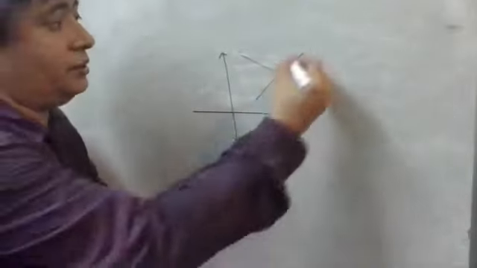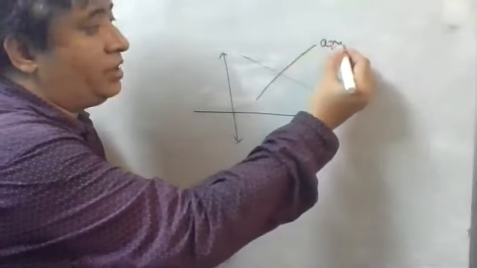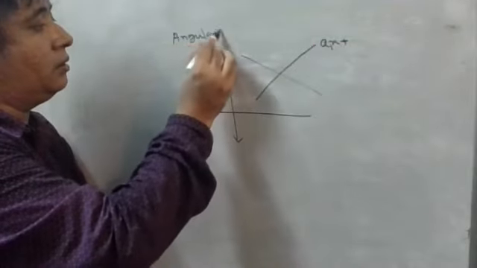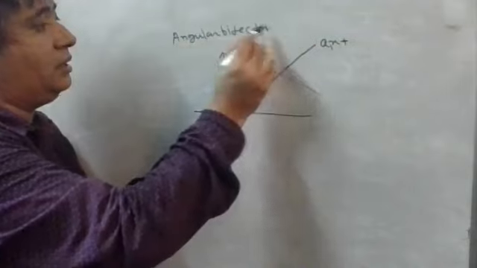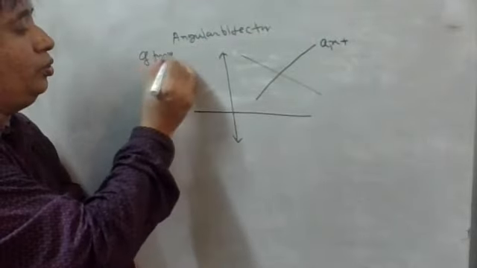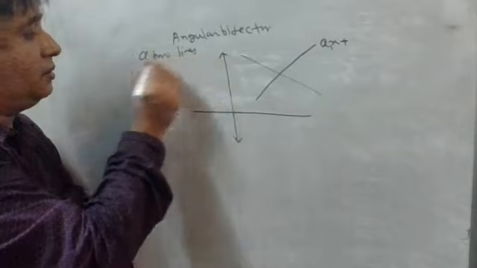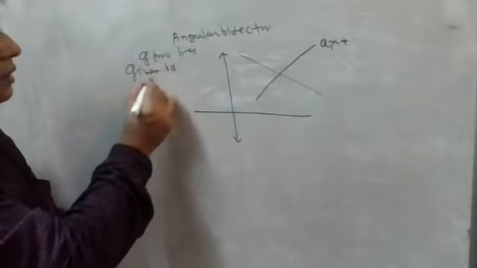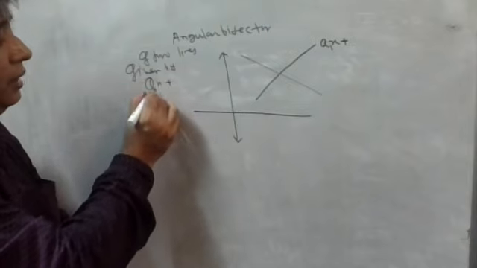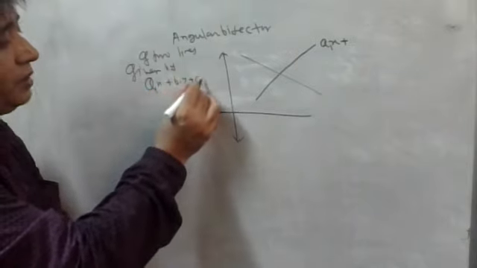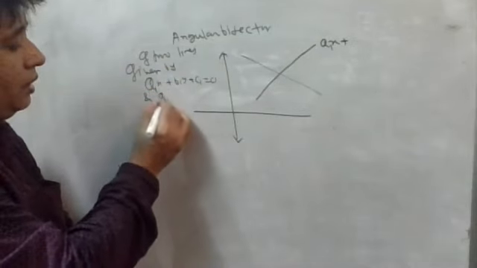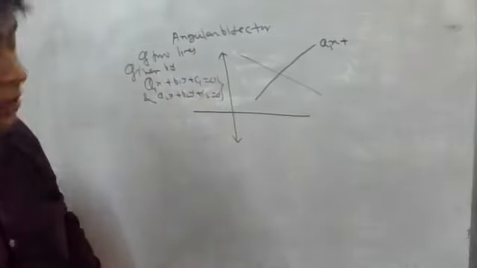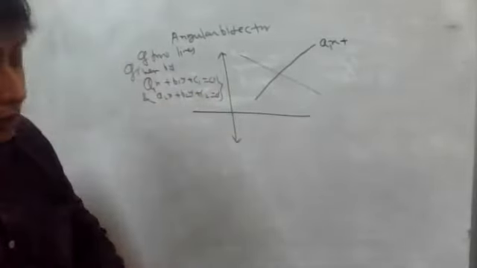Now I am finding the angular bisector of the two lines given by a1x plus b1y plus c1 is equal to 0 and a2x plus b2y plus c2 is equal to 0. So I am choosing two lines.